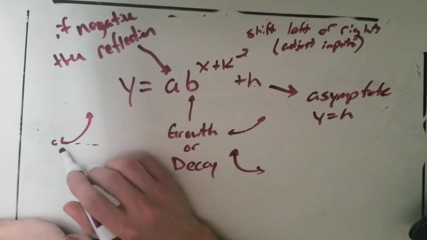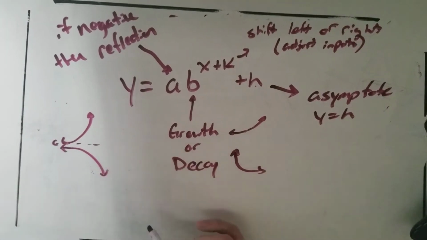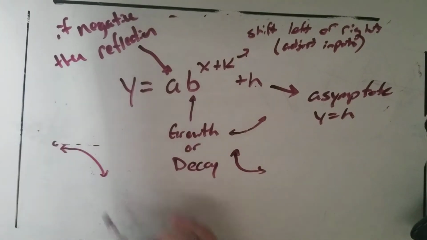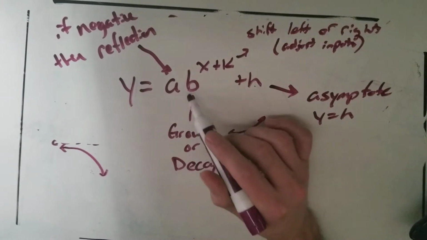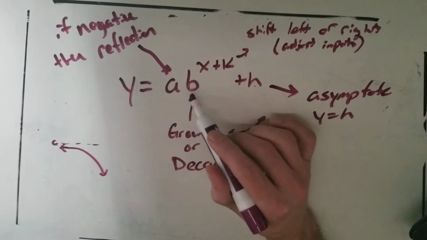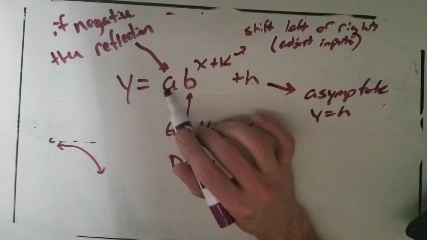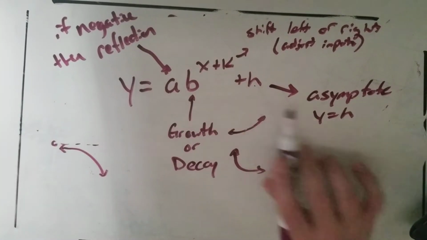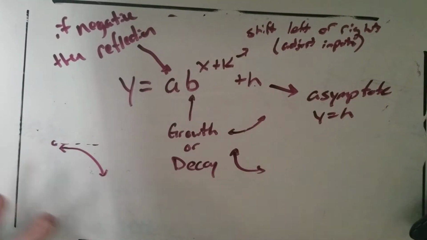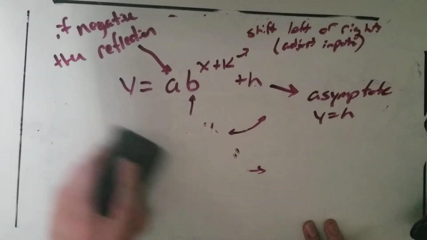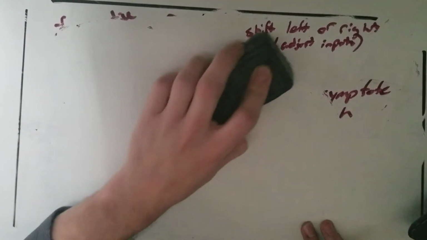It'll reflect down, a reflection of the growth function. You still look at this to think of what the shape of the graph is going to be, and it's reflecting over the asymptote. So that's what you can look for when given an equation.